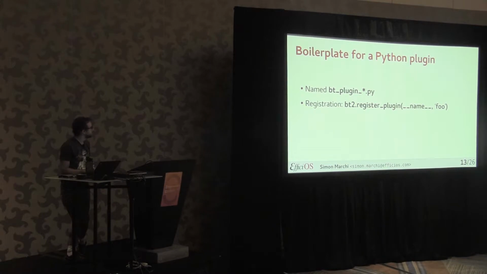That little name thing here is basically for Babeltrace to know which plugin is calling it, so it's mostly for internal management. Just write it like this. And foo here in quotes, that's the name of your plugin. So when you're going to use it on the command line or look it up, that's the name you want to look for.